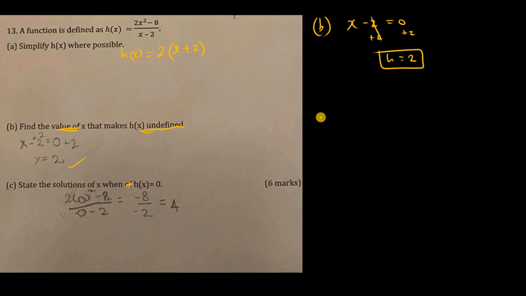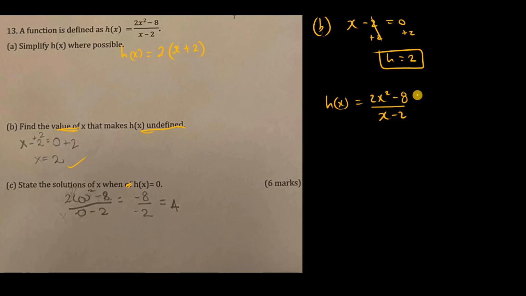So h of x equals 0. Remember, to make it equal to 0, all we need to do is take the numerator this time.